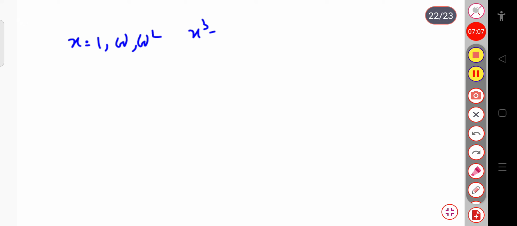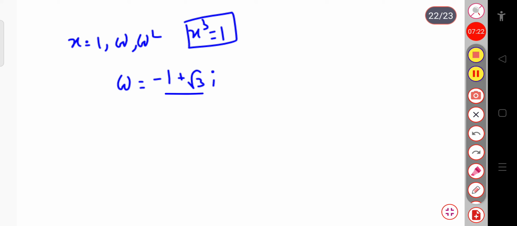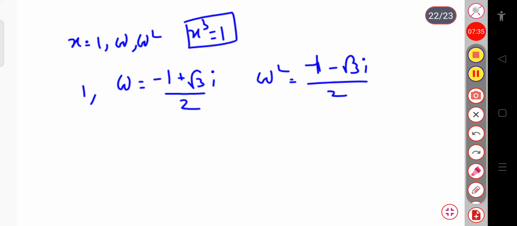When you solve this, you get x equal to 1, omega and omega square, where omega equals minus 1 plus root 3 iota divided by 2, and similarly omega square equals minus 1 minus root 3 iota divided by 2. And 1 is 1. So these are the three roots of x.